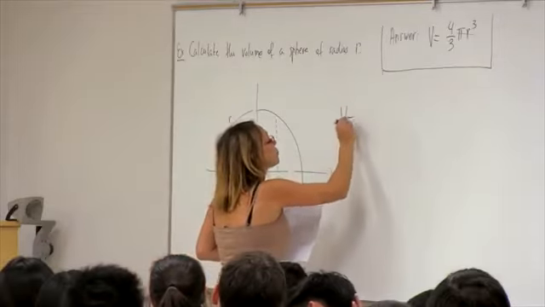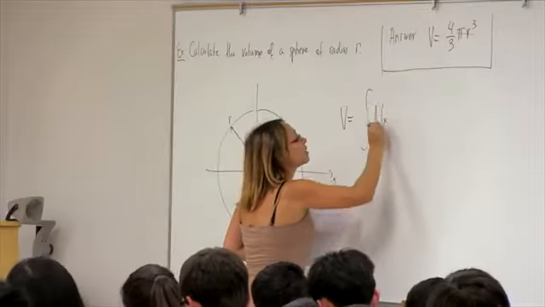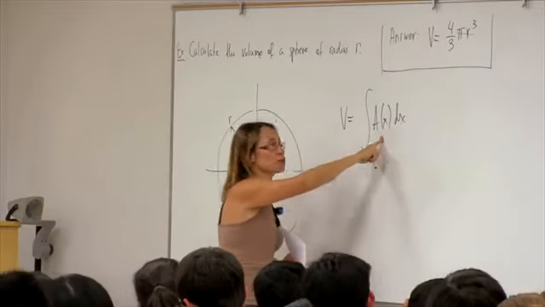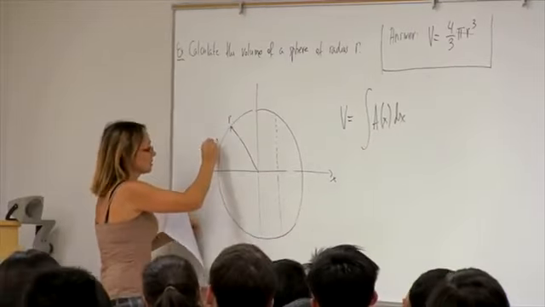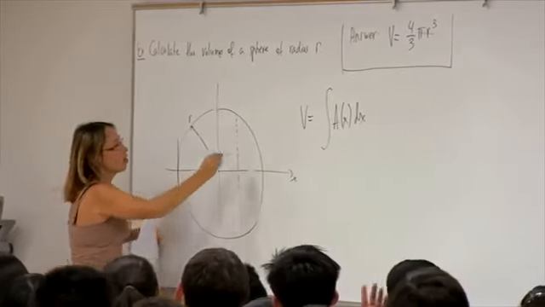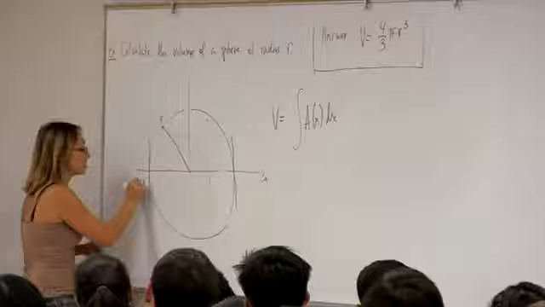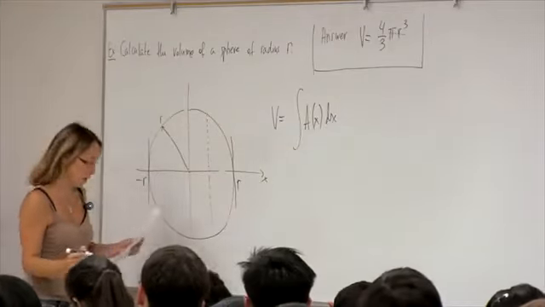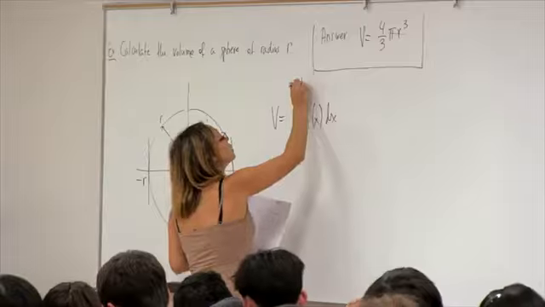So the volume is going to be given by an integral of A(x) dx, where these are the areas of my cross sections. What are the limits of integration? This is the extent of my 3D solid. So x has to go from minus r to r.